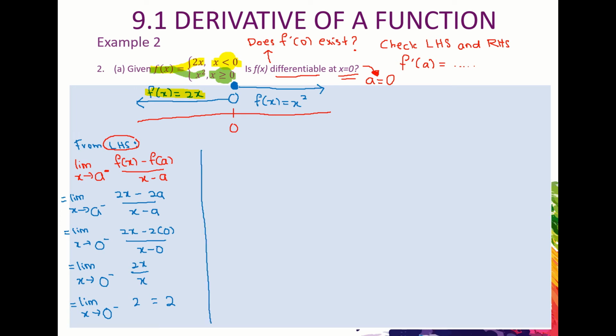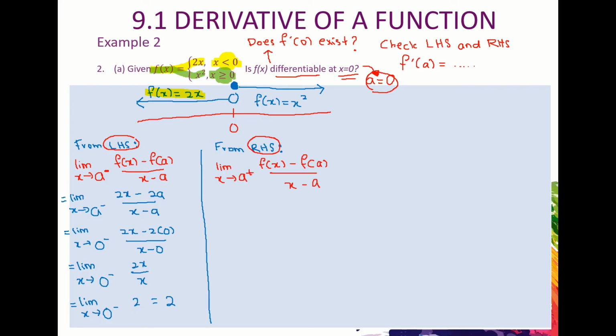Now let us check from the right-hand side. So from right-hand side, the formula is limit x approaches a, f(x) minus f(a) divided by x minus a, and since it is from the right hand side, we're going to put a positive sign here. So as per usual, a is equal to 0. So substitute a equal to 0.